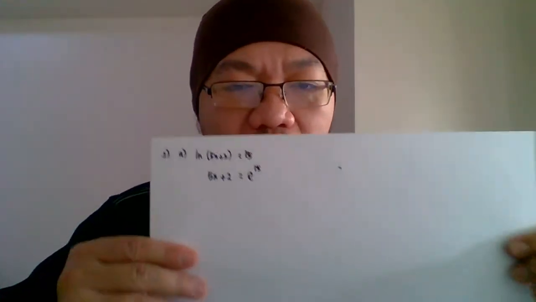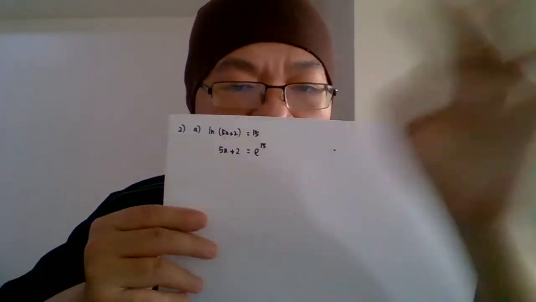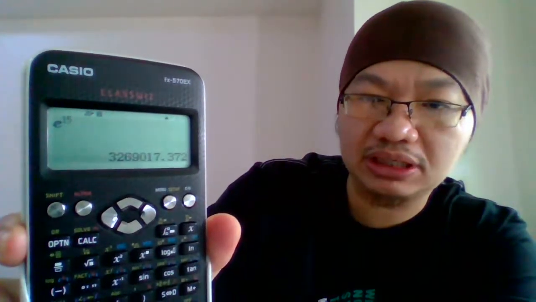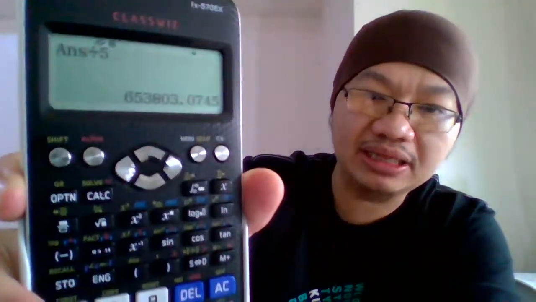Now e to the power 15, you can press your calculator. That is my answer, equals to 5x plus 2. So this answer I minus 2 and divide by 5. That is our final answer.